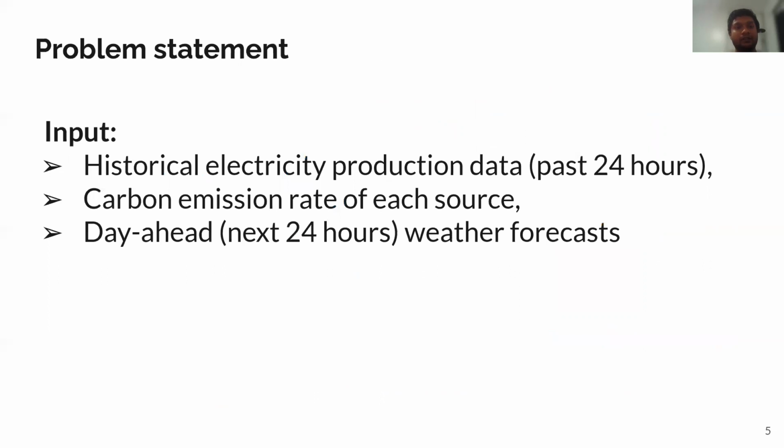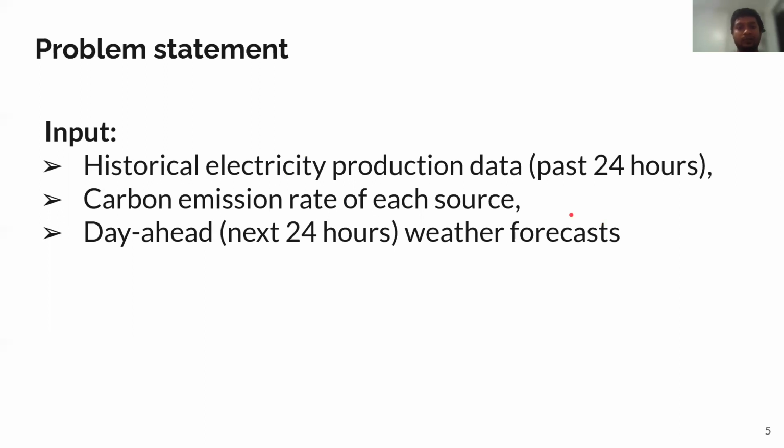Formally, we can define the problem statement as follows. We take as input the historical electricity production data by all the sources in a particular region. We take as input the carbon emission rate of each source, and we also consider the weather forecasts. We consider weather forecasts because they directly affect renewable energy generation.